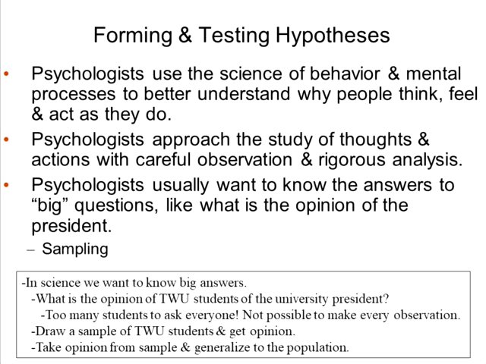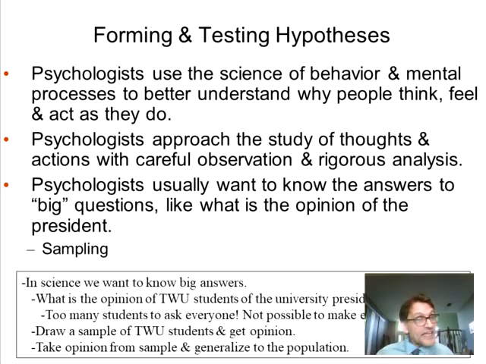Let's say you draw a sample of 100 Wesleyan students and get their opinion of the president, and then average it. You get the average of the sample, and then you use this piece of information to make your best guess of the opinion of the president. So if you draw a sample of 100 and they rate the president on a scale of 1 to 10, a 7 or something, the president has a 7 average.